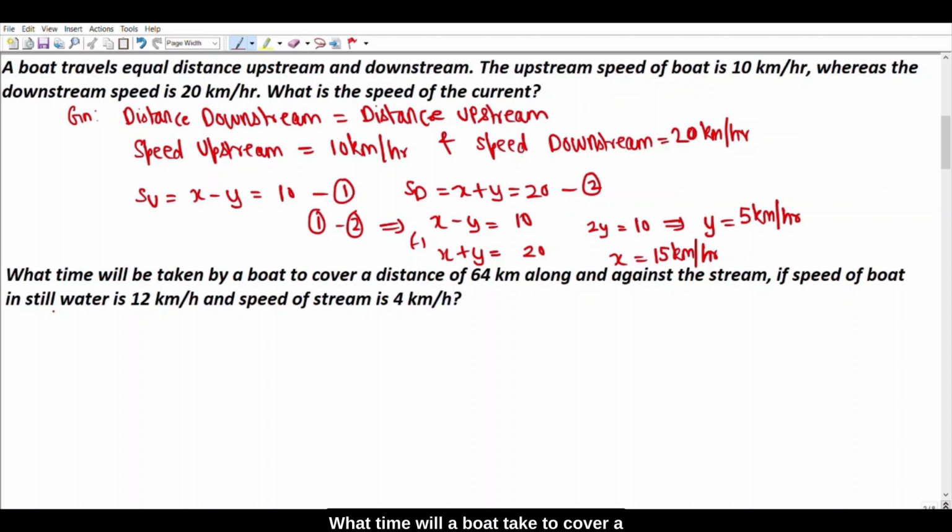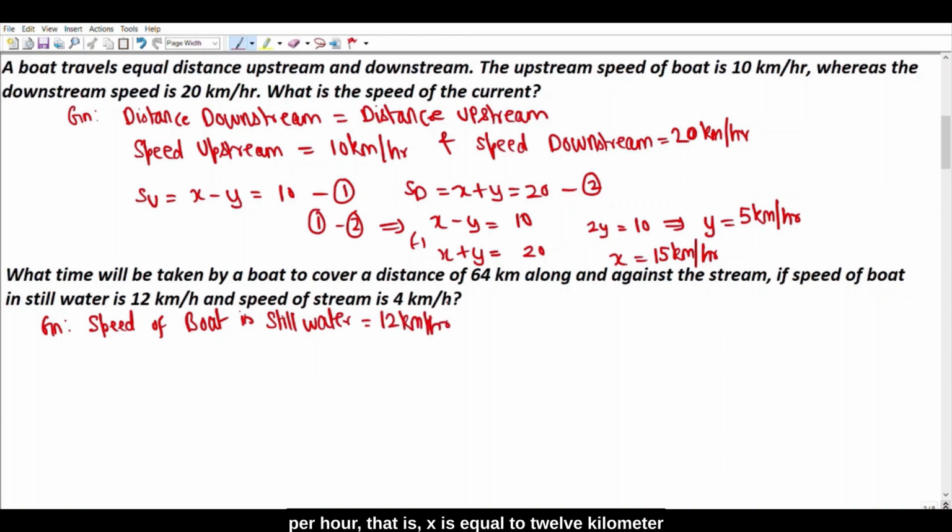What time will a boat take to cover a distance of 64 km along and against the stream if the speed of the boat in still water is 12 km per hour and speed of the stream is 4 km per hour? So from the question it is given that speed of the boat in still water is equal to 12 km per hour.